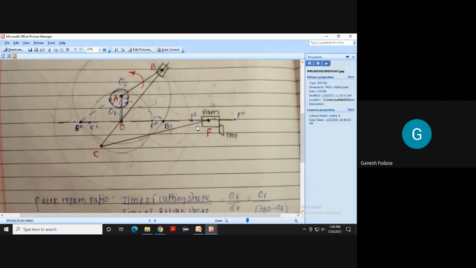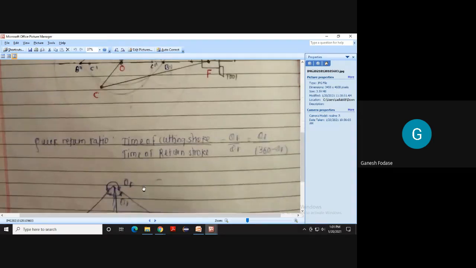Clear? Yes, sir. Output link, when I say output link, which link do you assume? BC. And of course, BC is connected to CF. Or you can say CF also, because it is perpendicular to CF as well as BC at extreme positions only. So at two extreme positions, that is AB dash and AB double dash, the shortest link is perpendicular to the output link.